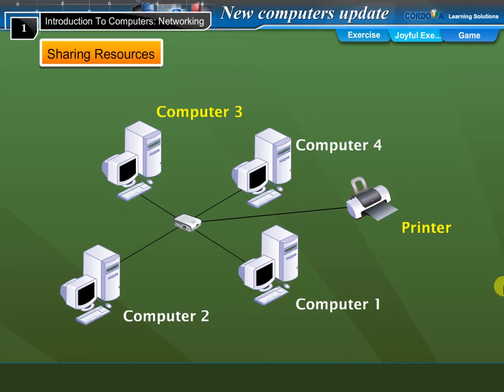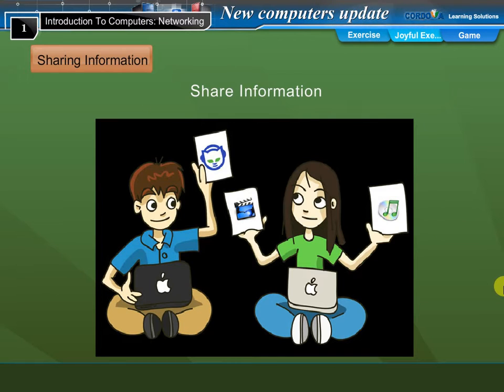Share information. You can use a network to exchange information with other people. Information can be in any form of data, such as documents created in a word processing program, or information provided by a school database.